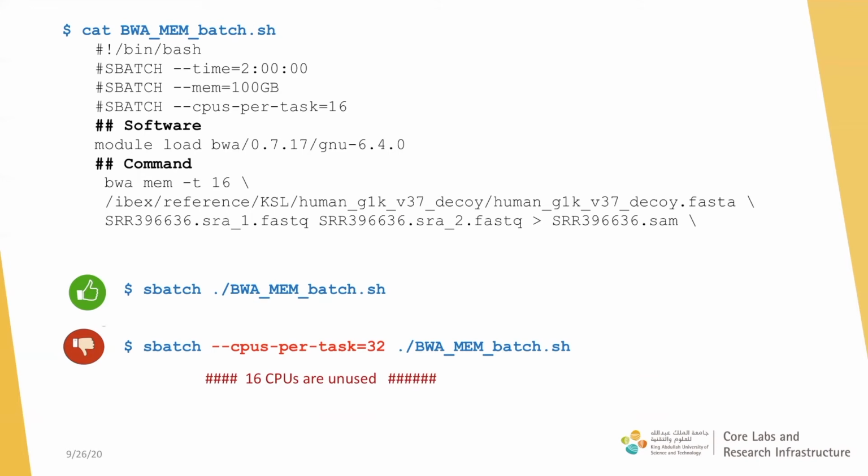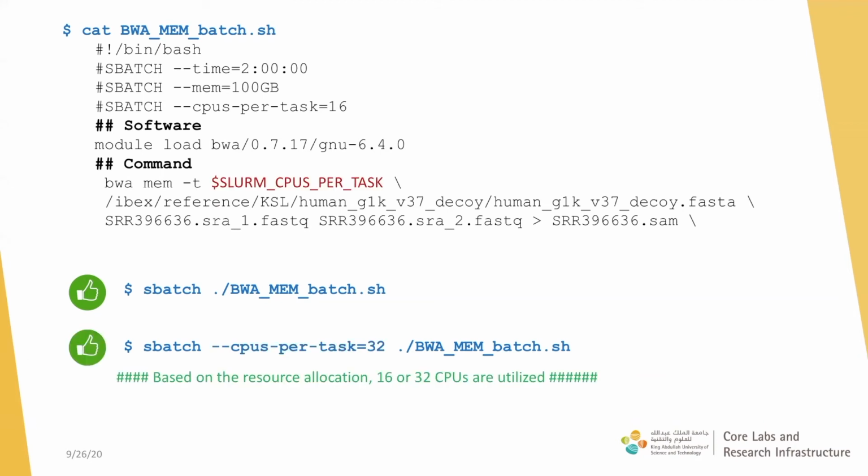So the number of threads is lower than the allocated number of CPUs, and 16 CPUs become idle or unused. So you may not see improved performance or reduced execution time for your jobs. Therefore, ensure that whatever resources are allocated are used by the application during execution. Thereby, you can increase the productivity of any jobs running on the cluster.